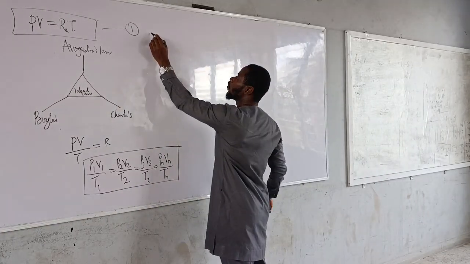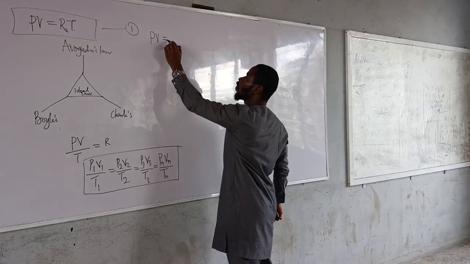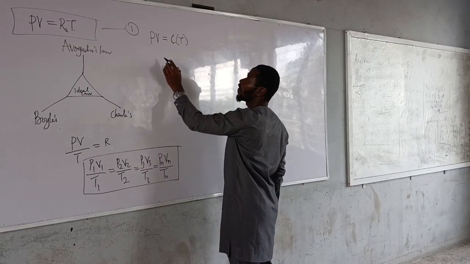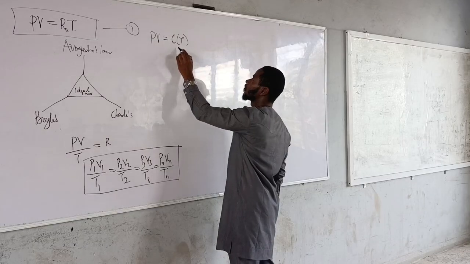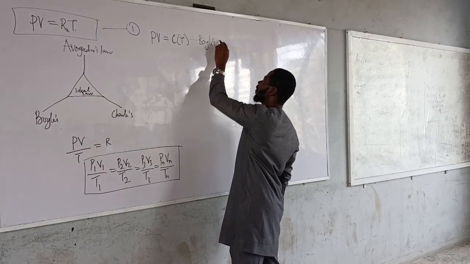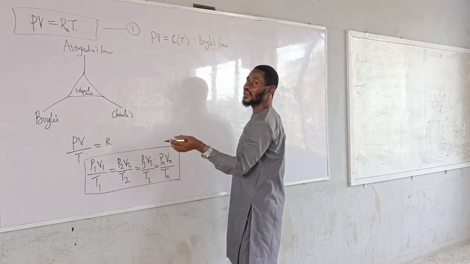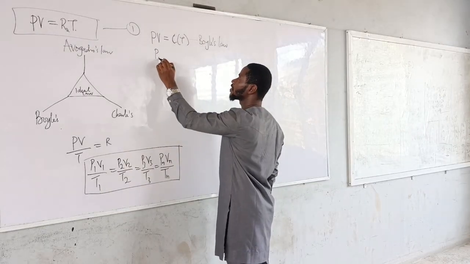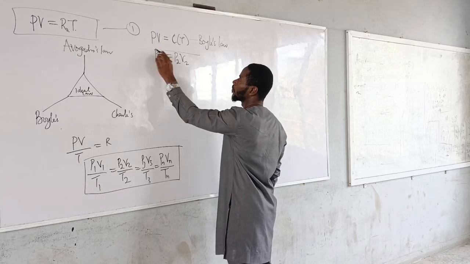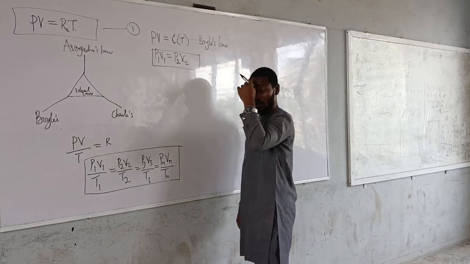So therefore, when we have PV equals a constant at constant T, we have Boyle's law. We can generalize the equation as P1V1 equals P2V2. This is meant for Boyle's law.